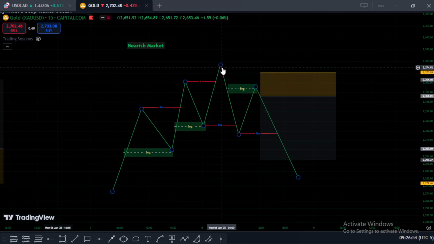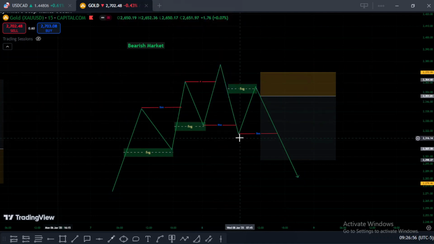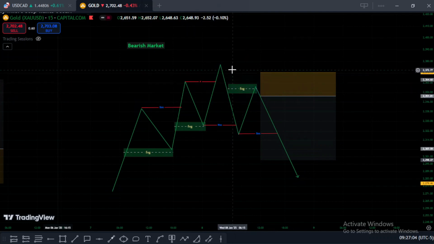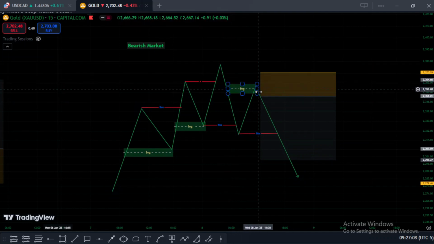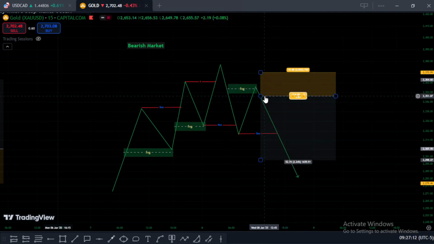You want to see a wick, and then price immediately drops down to give us a market structure shift. You want to see a fair value gap being respected. You don't want to see price going all the way to the high. You want to see price respect this fair value gap and immediately drop. This is where you enter your sell position, and remember, you want to be targeting 1:2 risk to reward. It depends on you, but I like using 1:2 because it's kind of safe.